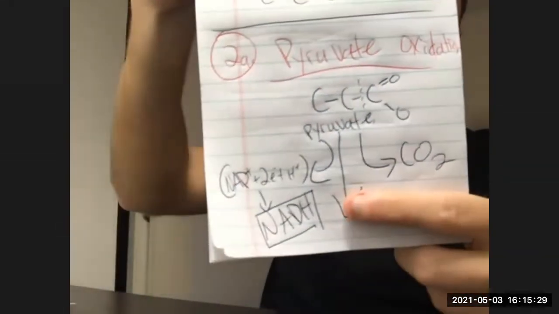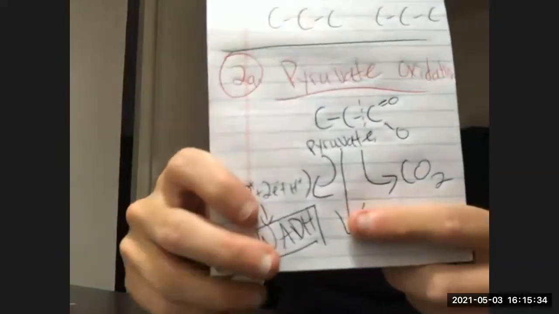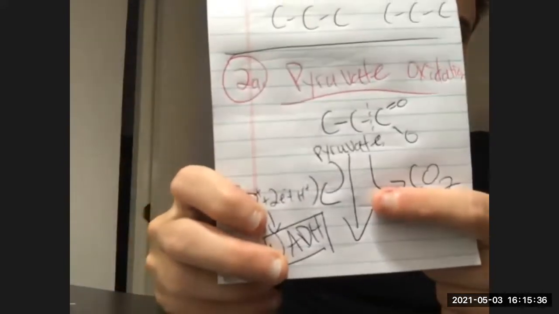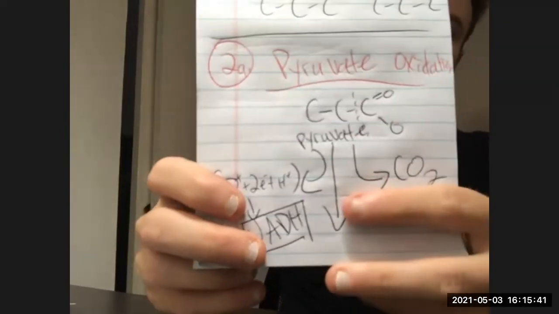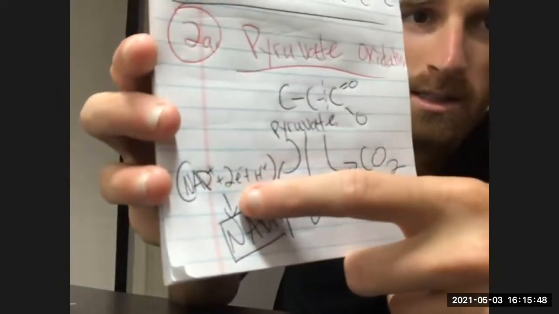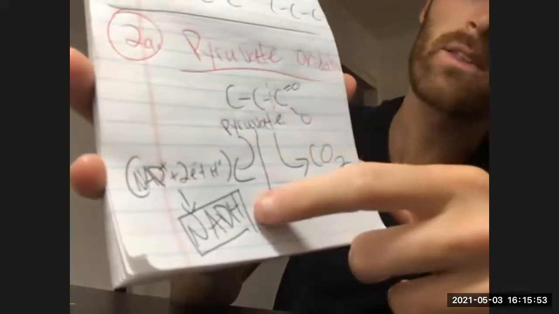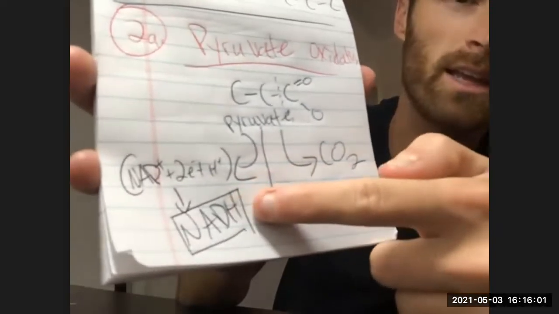Okay, so we got a CO2, but we also have an oxidation take place, meaning there's another enzyme, pyruvate dehydrogenase, that helps catalyze the oxidation of pyruvate, whereby, as you can see, 2 electrons and a hydrogen are stripped off pyruvate in one of these reactions and stuck onto NAD+. And when that happens, we get, of course, NADH.